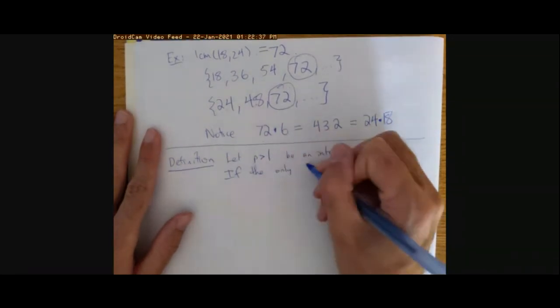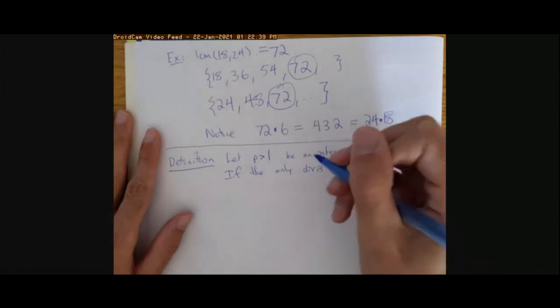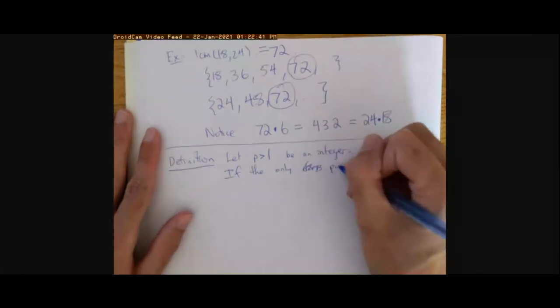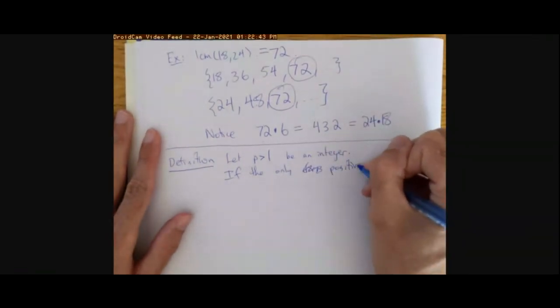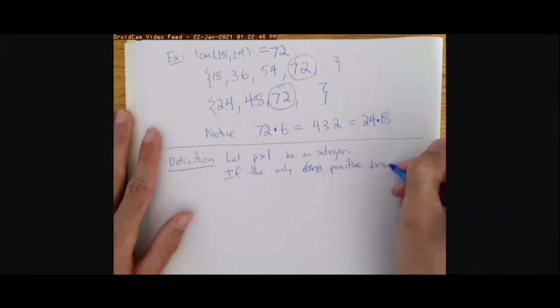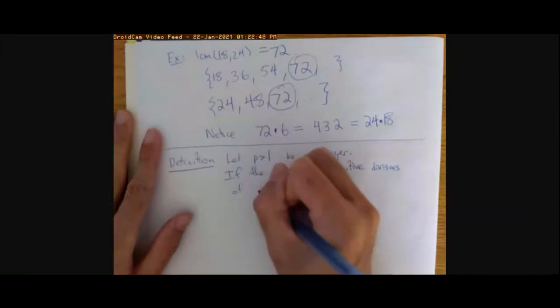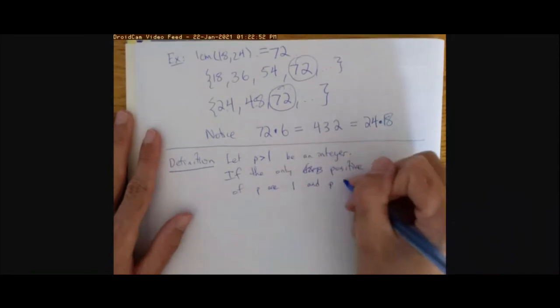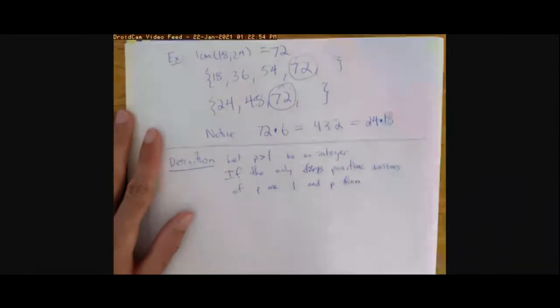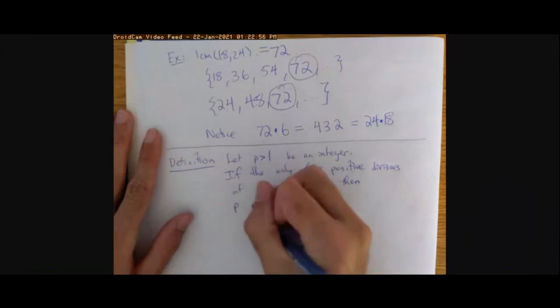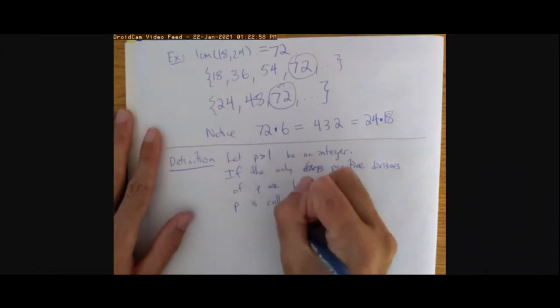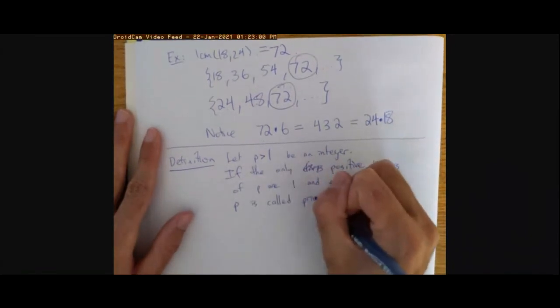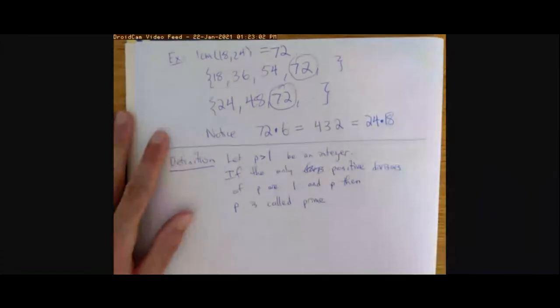If the only positive divisors of P are 1 and P, then P is prime.